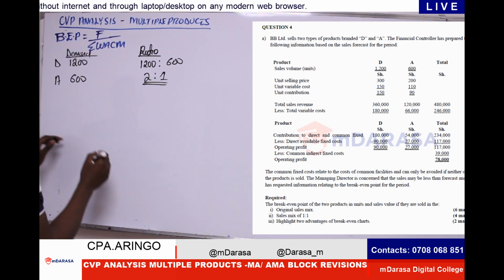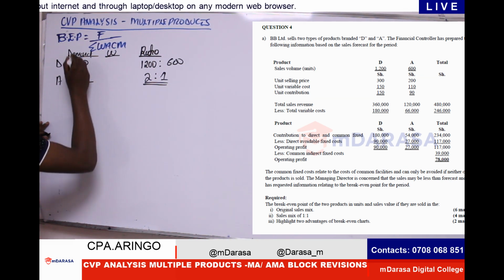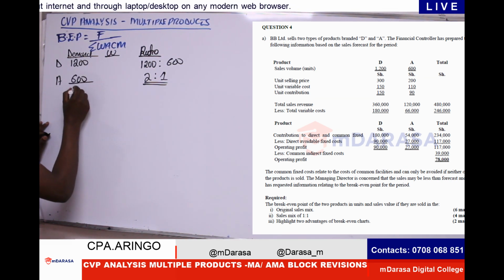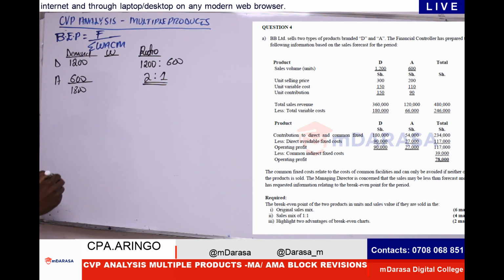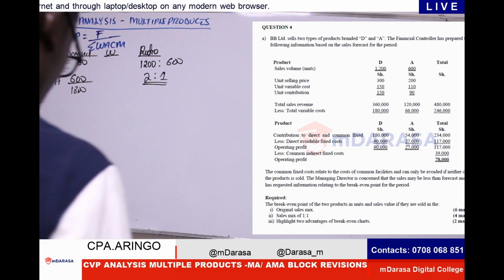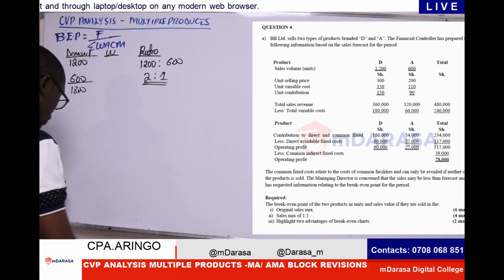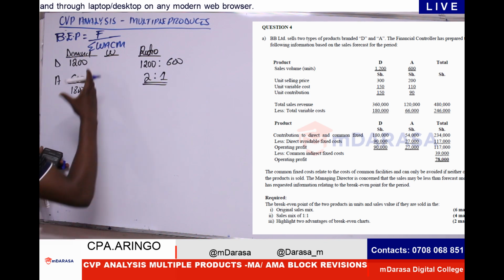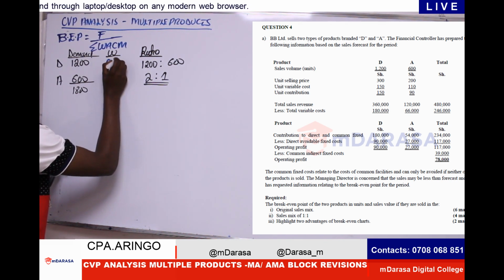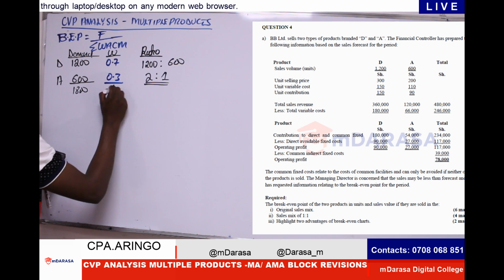In terms of weight, we can all agree that the total should give us 1800. So you take 1200 of 1800 to determine the proportion of the total, which would be 1200 divided by 1800. We're getting 0.7, meaning that the other one will be 0.3 automatically because it should give us 1.